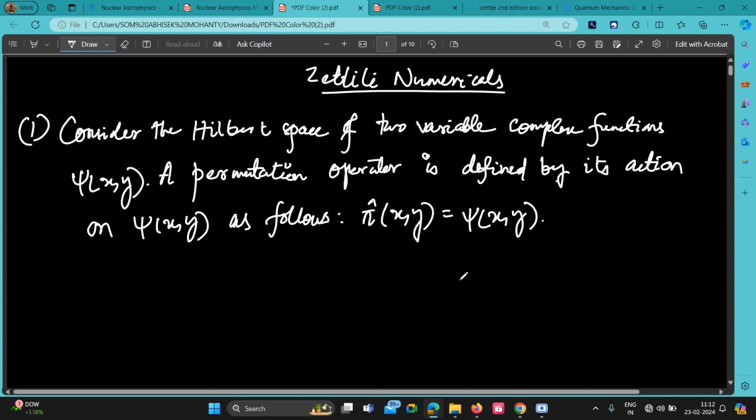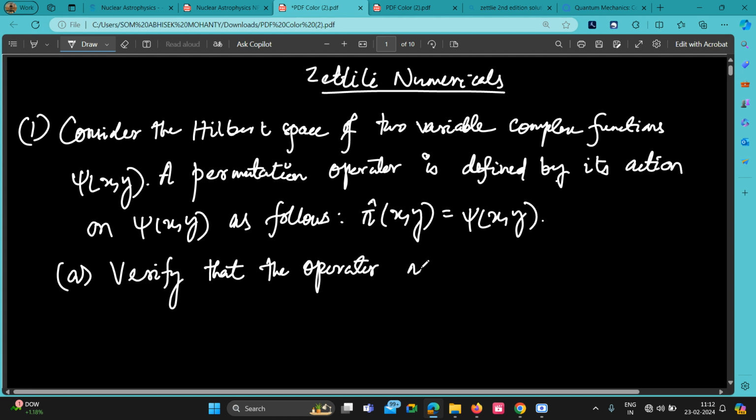Okay, so the question is: verify that the operator pi is linear and Hermitian.